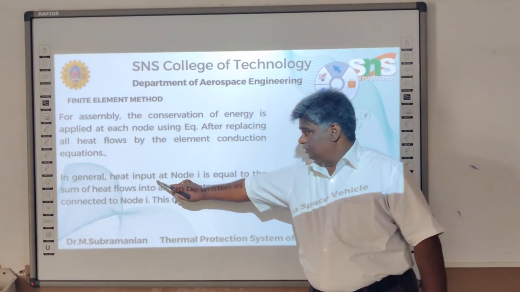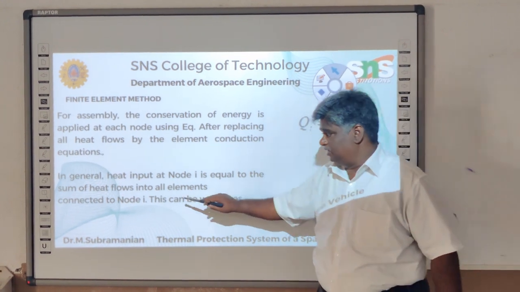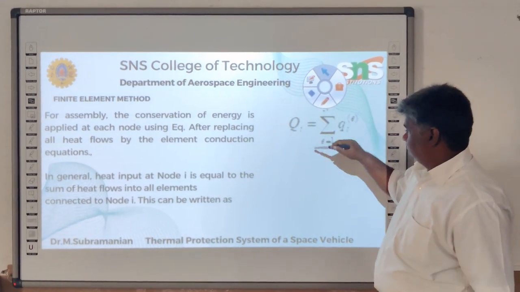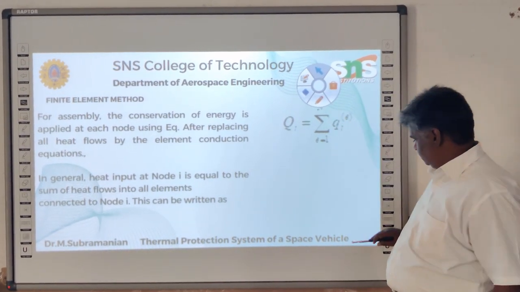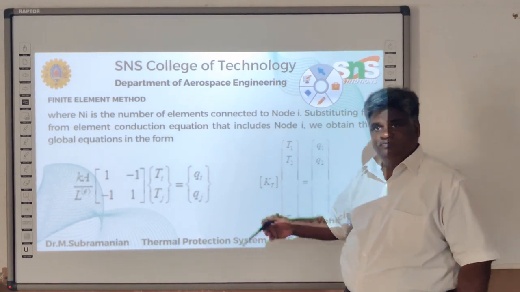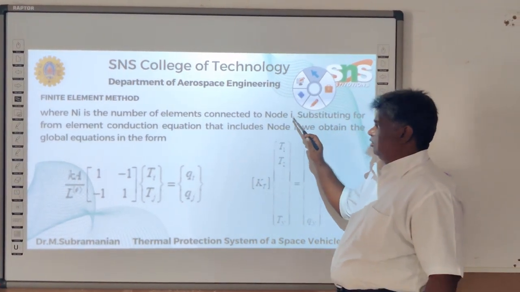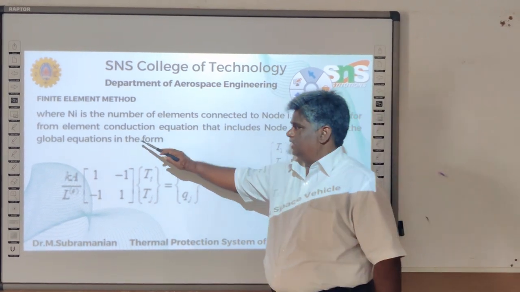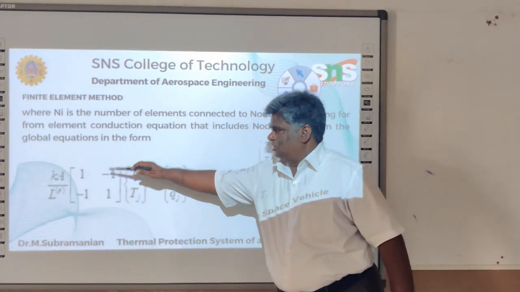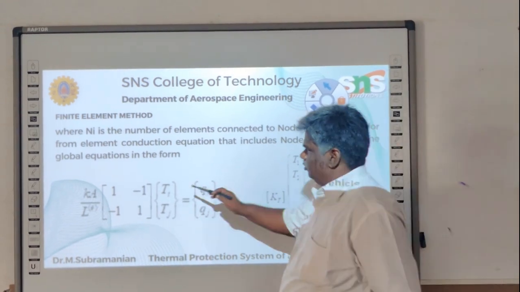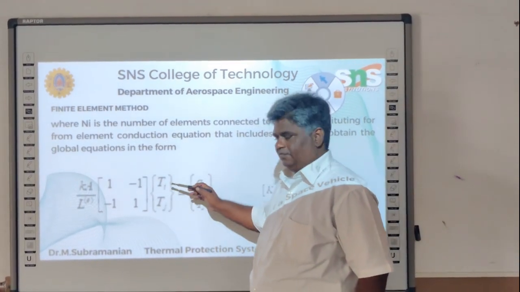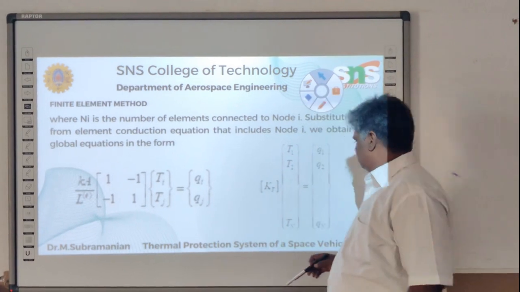The external heat input at node I is equal to the sum of the heat flow into all the elements connected to node I. This can be written as the summation of the element heat load equations, where Ni is the number of elements connected to node I. Substituting from the element conduction equations that include node I, we obtain the global equation in the form of the global conduction stiffness matrix, the field variable of temperature distribution, and the thermal load equation.